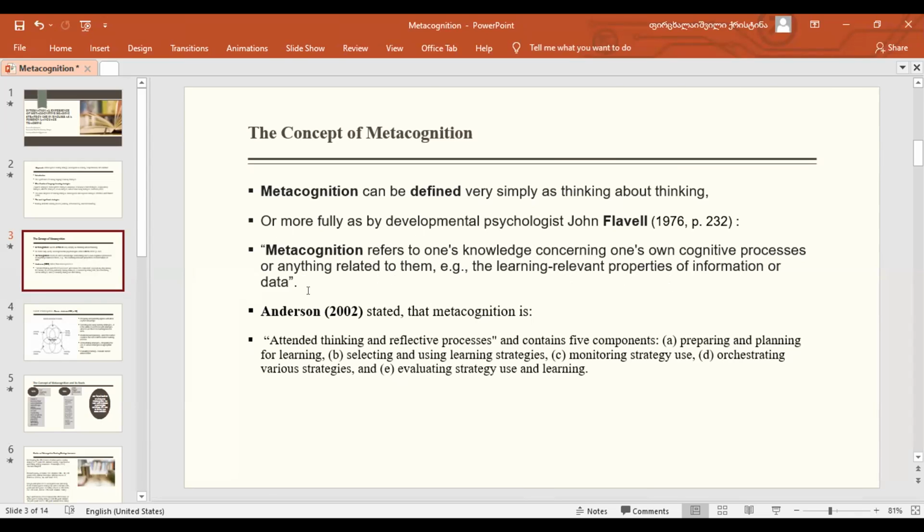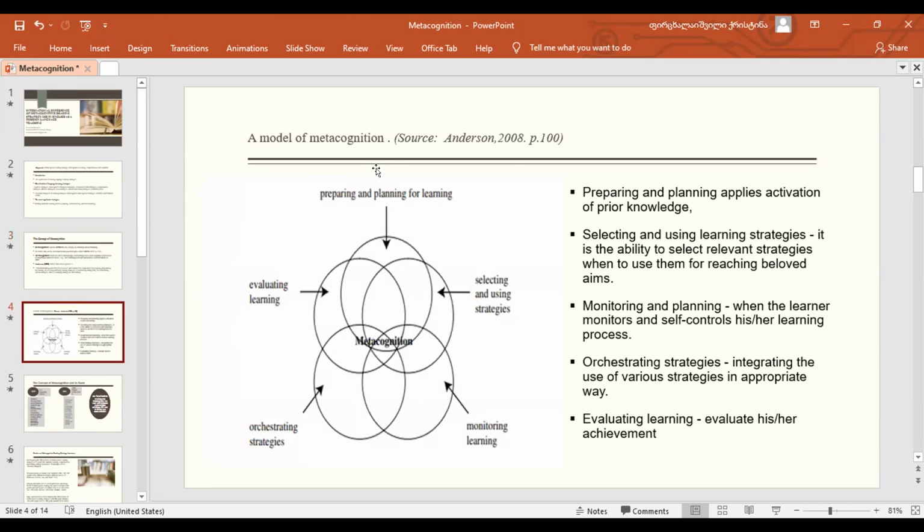As well, Anderson offered the following definition: attended thinking and reflective processes, and it contains 5 components. These components are preparing and planning for learning, selecting and using learning strategies, monitoring strategy use, orchestrating various strategies, and evaluating strategy use and learning. And I can cite some sources from Anderson's work.